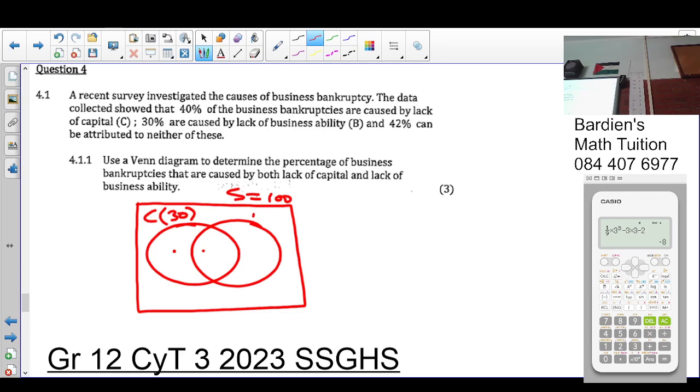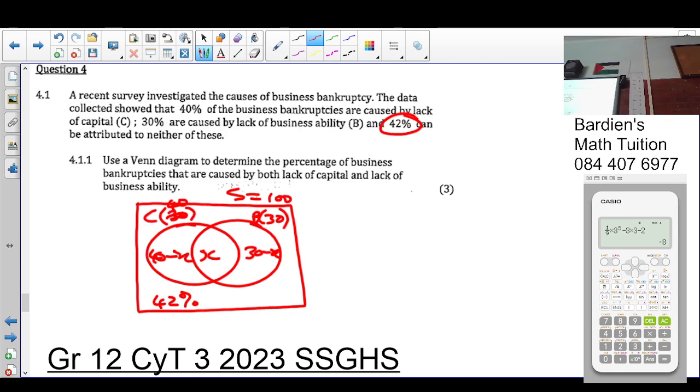Lack of business ability, B, is 30%. Let the overlap be X, and this is going to be 40 minus X. This, of course, is 30 minus X. And 42% is attributed to neither, so it's on the outside. And that's the Venn diagram.